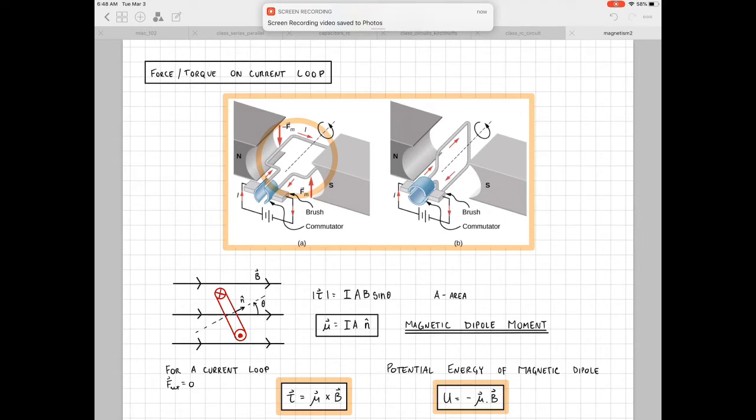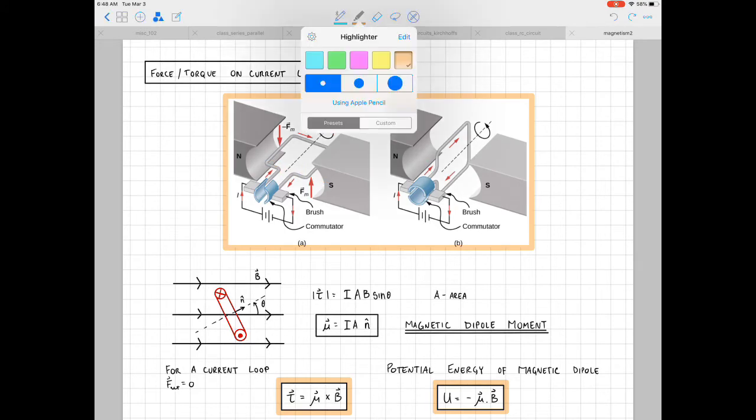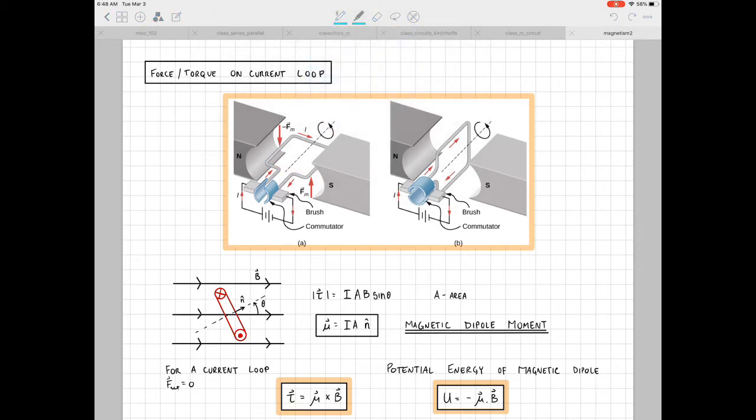And so the idea in the picture here is we've got a magnetic field in this direction, so there's our B field, and then we have current in the wire. According to this setup, we have current going in that direction.